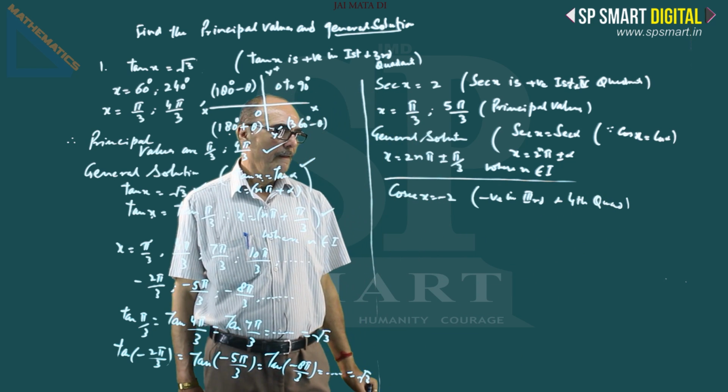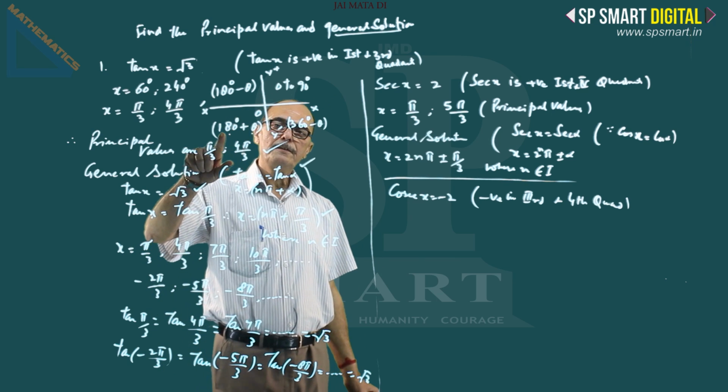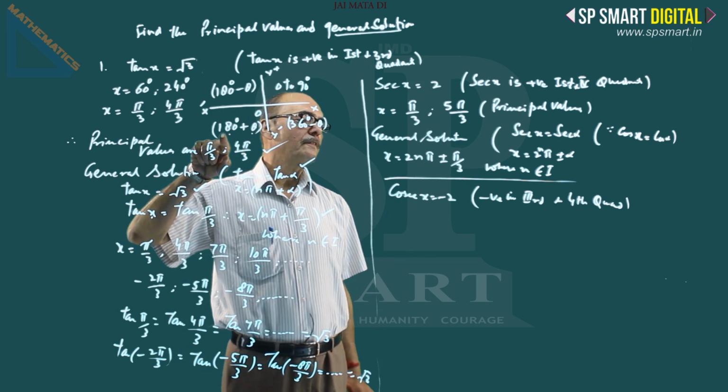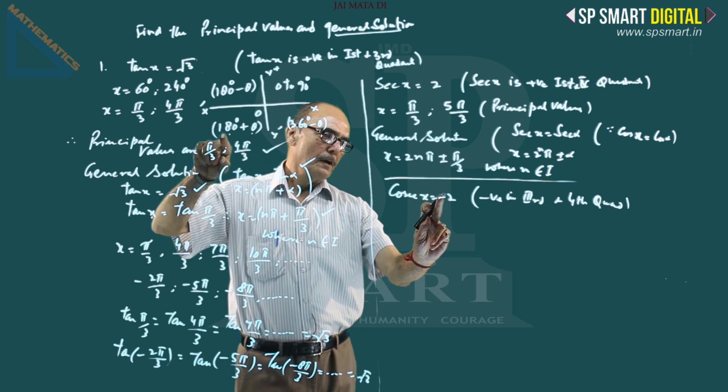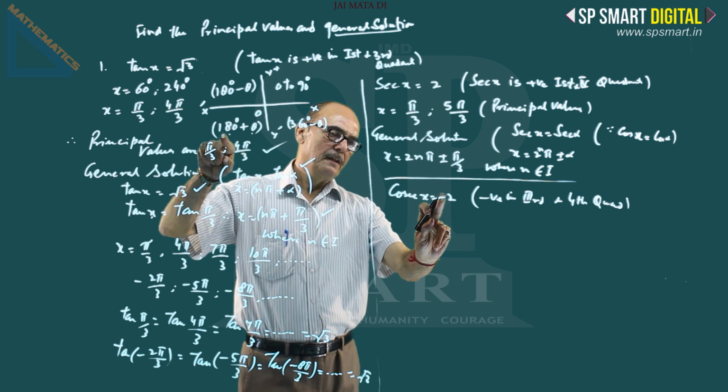Okay. So, in the third quadrant we have this value. Now, to find out the value in the first quadrant, we for the time being keep our finger on the minus sign.